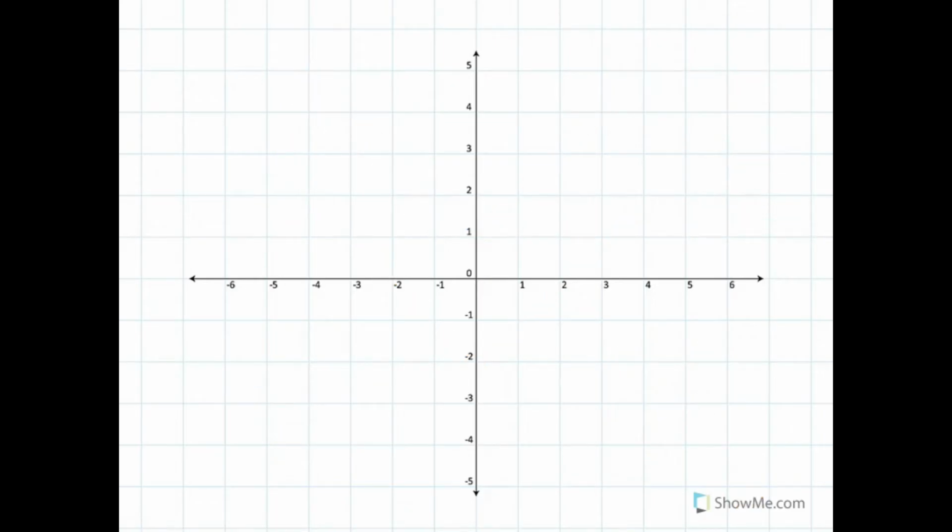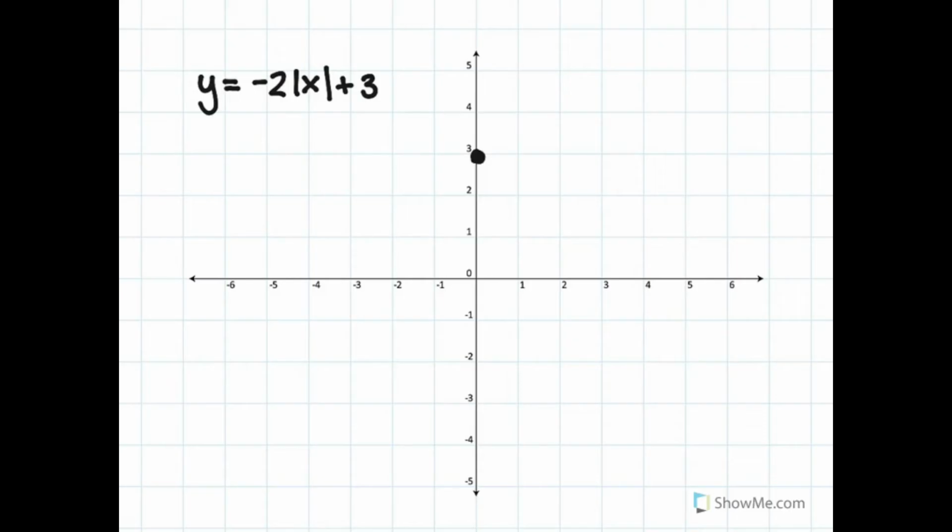Let's put that together in an example. Suppose we want to graph y equals negative 2 times the absolute value of x plus 3. Well, the plus 3 tells me that the vertex, the point of the V, is going to be at 3. And negative 2 tells me that the slope is going to be negative 2 on the right.